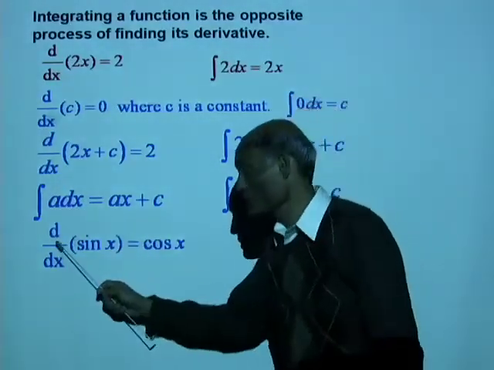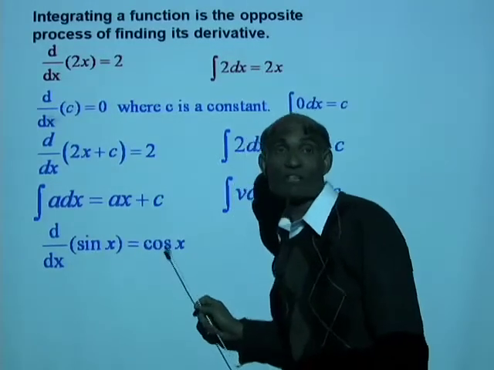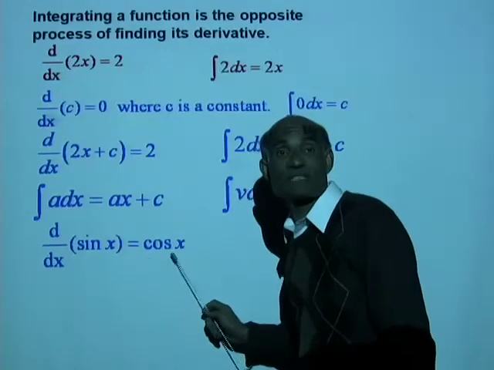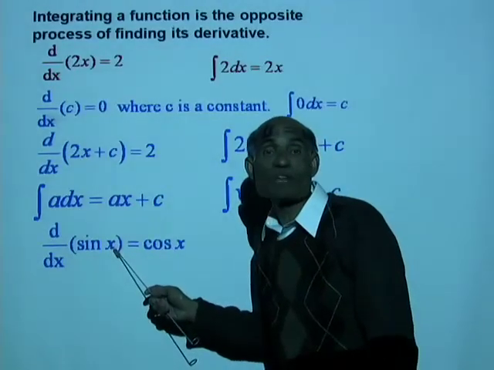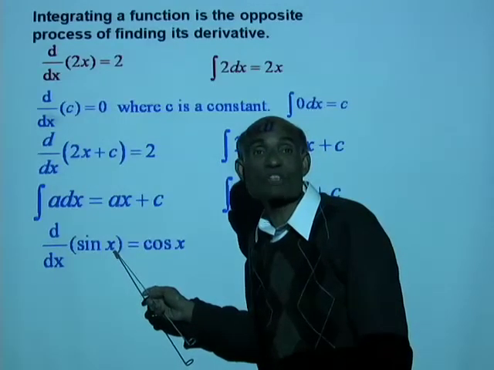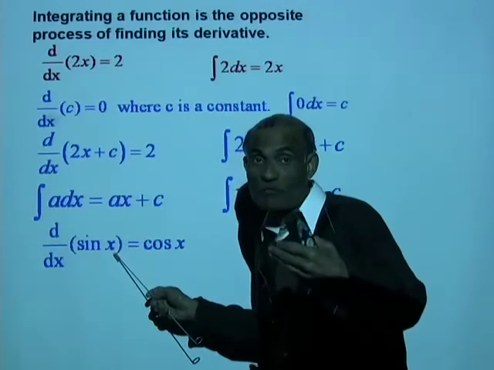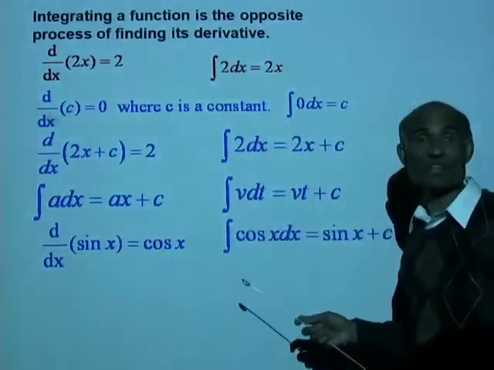Why? Because the derivative of sine x plus 5 is cos x. The derivative of sine x plus 10 is also cos x. So we don't know whether in the original function there is a constant or not. To make sure that we don't make a mistake, when you integrate, always add a constant.